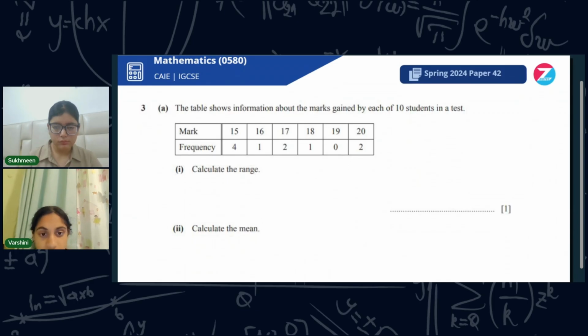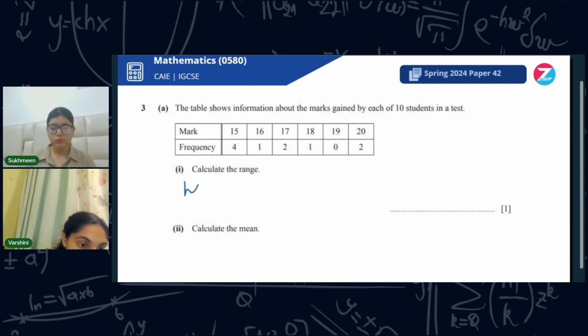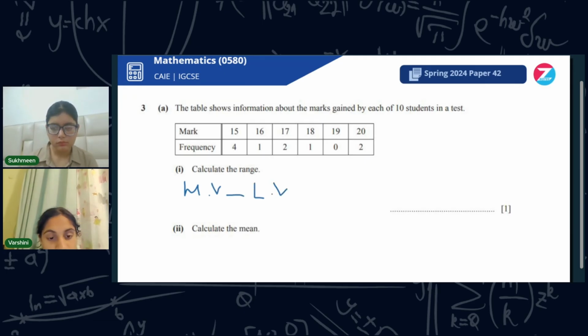The table shows information about the marks gained by each of 10 students in a test. Calculate the range. We know the range is the highest value minus the lowest value. Remember, don't get confused between frequency and mark. Mark is the value of x, and frequency is just how many times x is appearing.